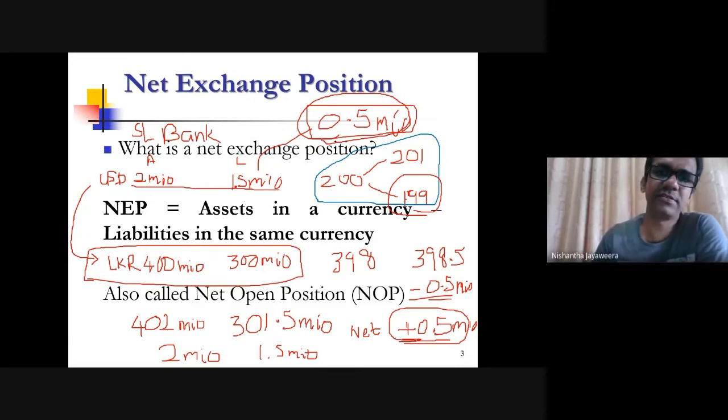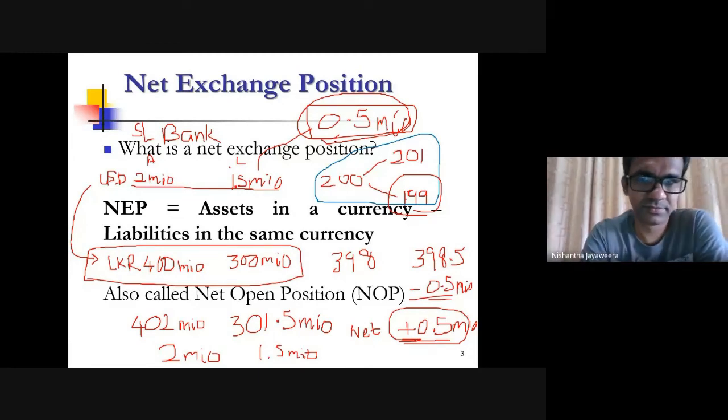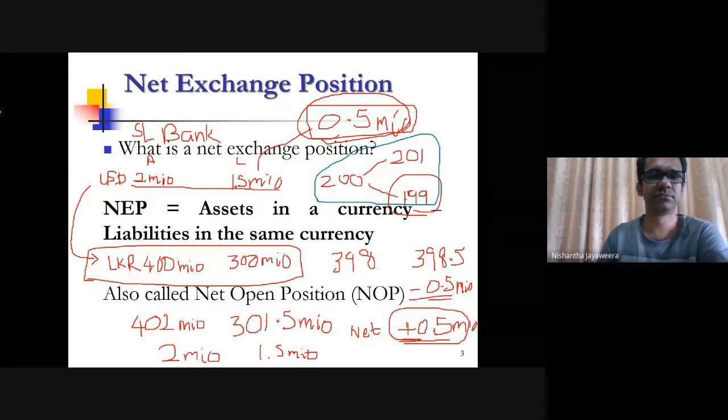So that's why we worry about the difference between assets and liabilities in foreign currencies. Is it clear?